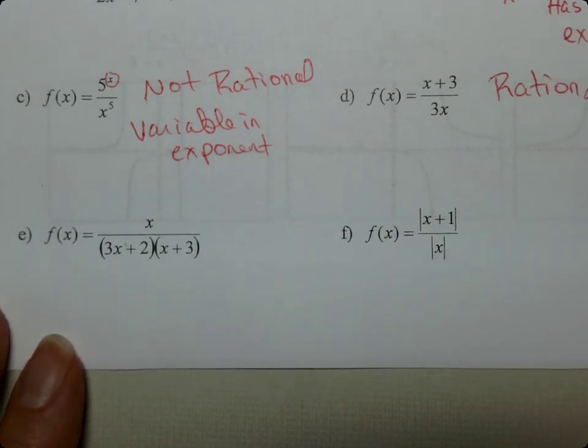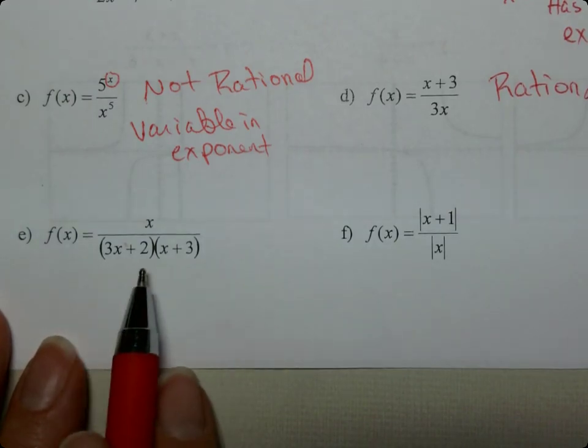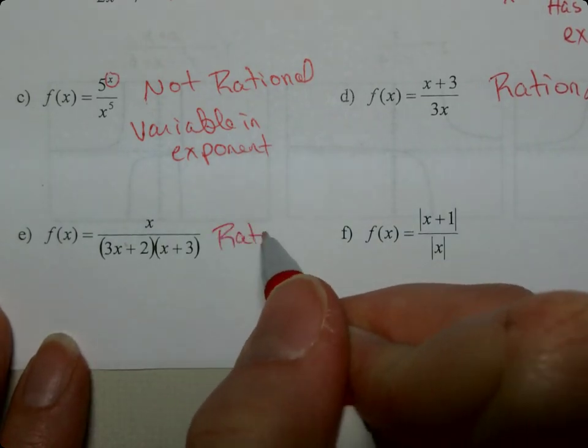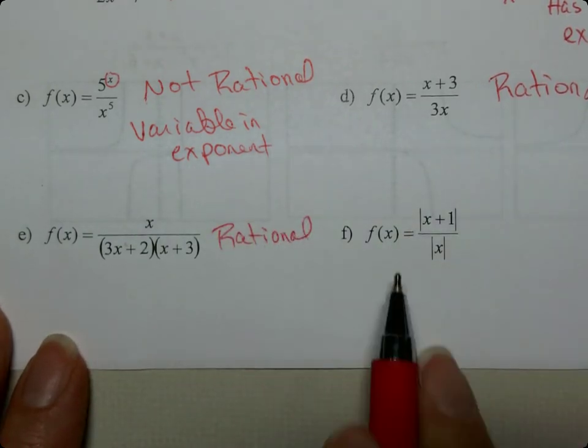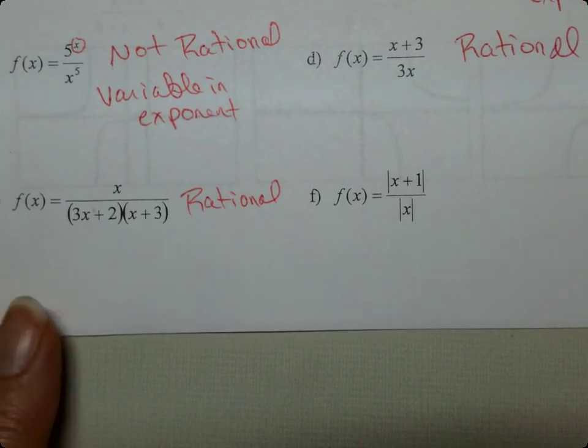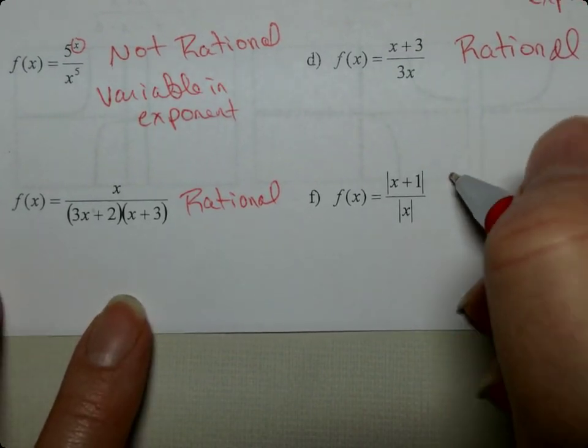All right, what about E? E is prefactored. We could FOIL that out, right? And we would have the quadratic, but this is rational. What about F? Now, this is one that didn't come up. Again, it would have come up in the study of polynomials. This is not rational.